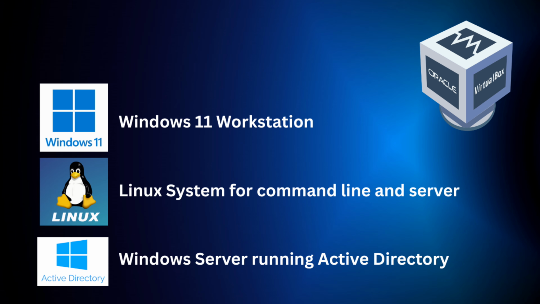Before we go any further, let me show you what you'll eventually build, because it's way more powerful than most beginners expect. With just VirtualBox, you can run a Windows 11 workstation, a Linux system for command line and server practice, and a Windows Server machine running Active Directory, all together on one machine. Isn't that exciting?